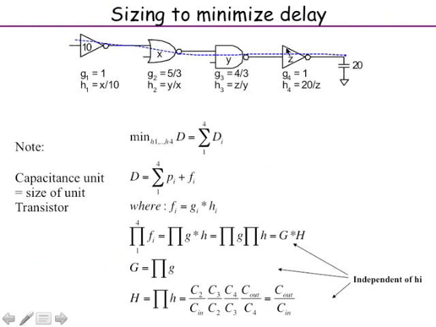H3 is Z by Y, because the gate is driving this inverter whose input capacitance is Y. H2 is Y by X, and H1 is X by 10. So if I find H1 till H4, I can find X, Y, Z. So we just minimize the total delay over the space spanned by these variables H1 till H4.